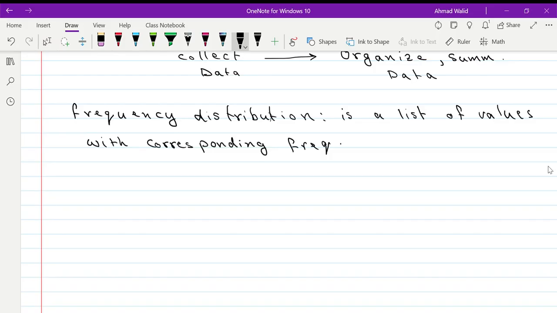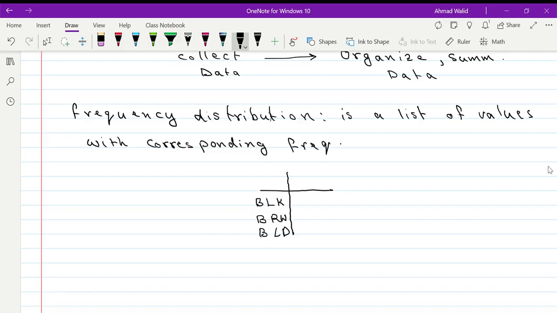In a very simple example, of course we will do an example more in a scientific way, but to explain that in a very simple example, for example, I will ask you, find out in your class how many students have black hair, how many of them have brown hair, and how many of the students are blonde, correct?